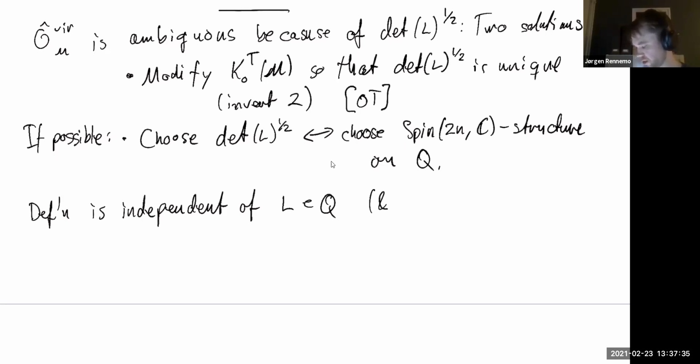One can check this, and Oh and Thomas work in bigger generality, so it doesn't need L to exist.